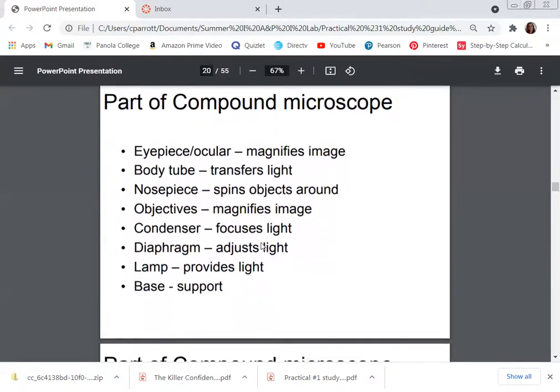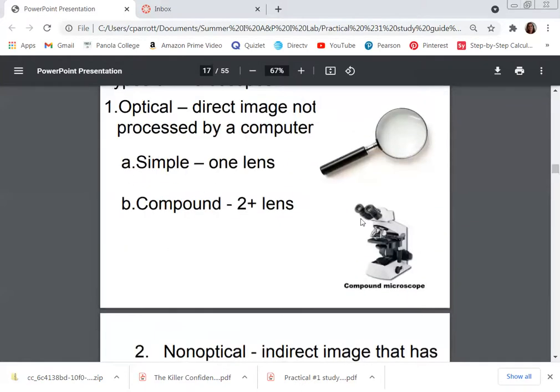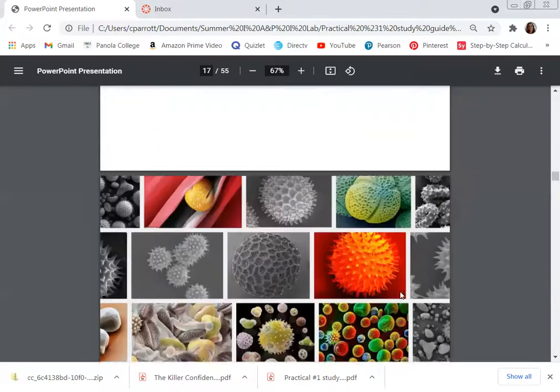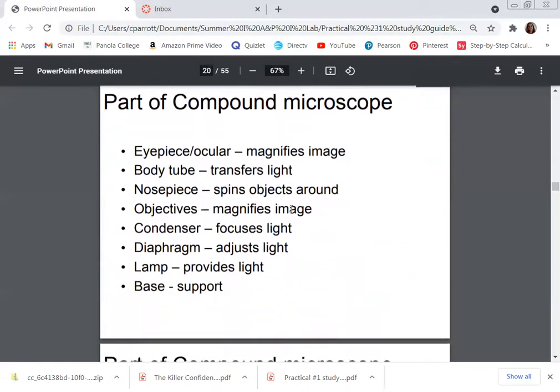The compound microscope, remember this one down here at the bottom of the screen is a compound microscope. You have to know the parts of the compound microscope. And here on the left side, you see the parts, and on the right side, you're seeing the functions of each of those parts. So on the quiz and on the practical, you need to identify both the part and the function, okay? But again, pay special attention to the question. Some questions will say identify the part, and other questions will say identify the function.